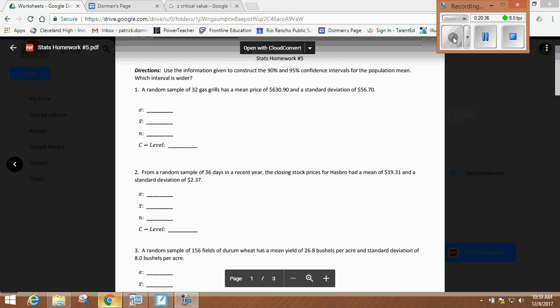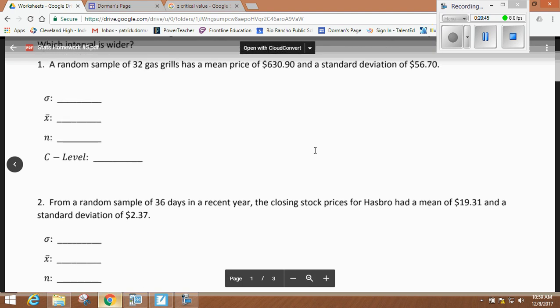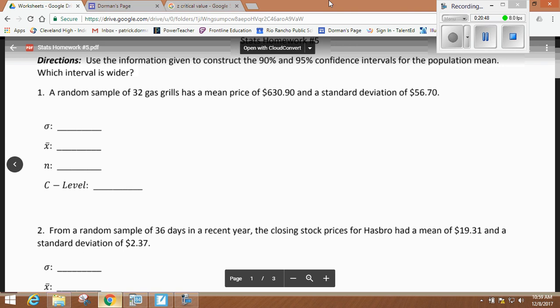So let's go ahead and just do one example from your homework, and we'll call it good. Guys, interesting that you're being asked which interval is wider. Based on the information that I told you about confidence intervals, which interval will always be wider? 95. The 90. Yeah, 90. Remember, as you become less confident in your answer, your interval becomes wider because you have a better chance of actually getting the right answer, right?